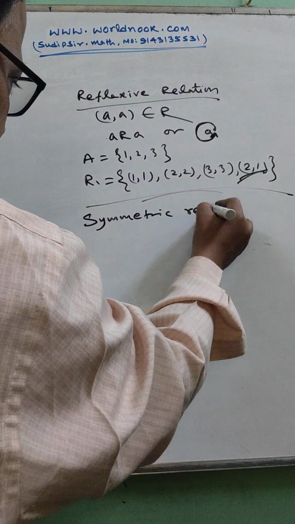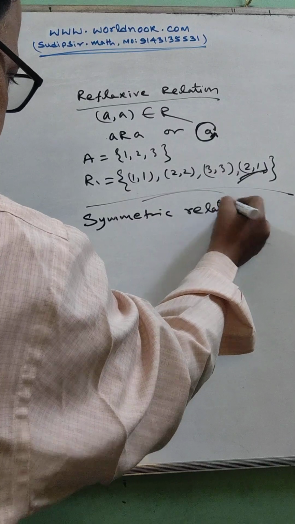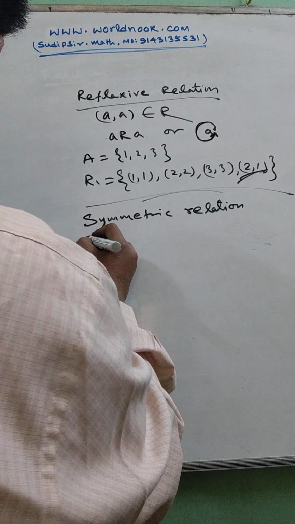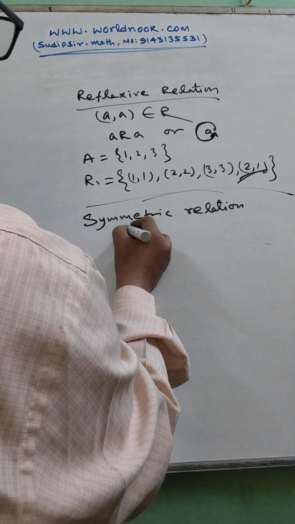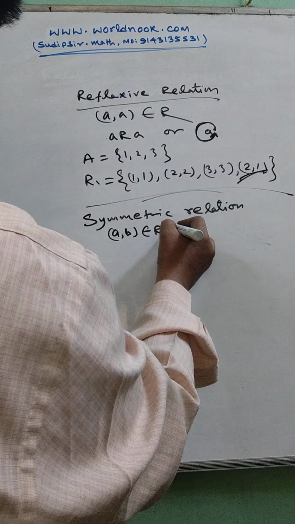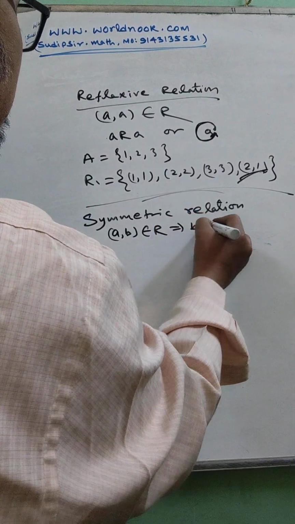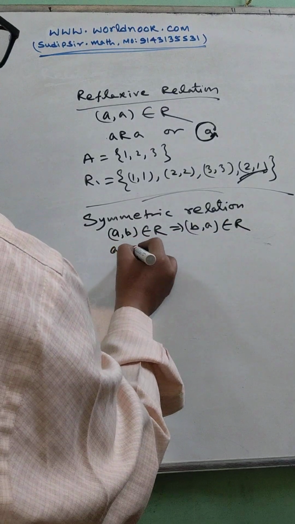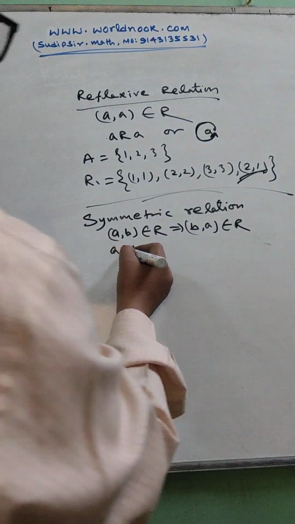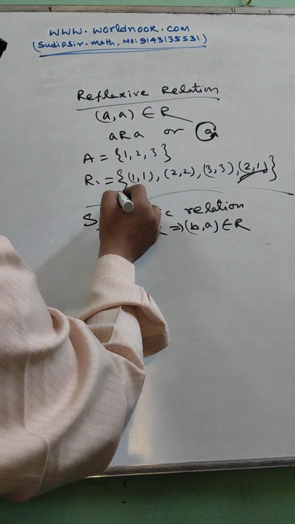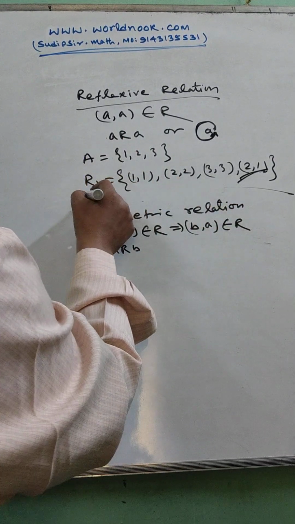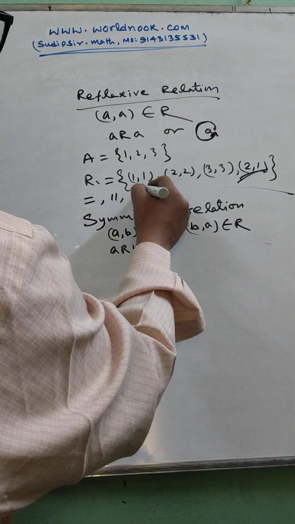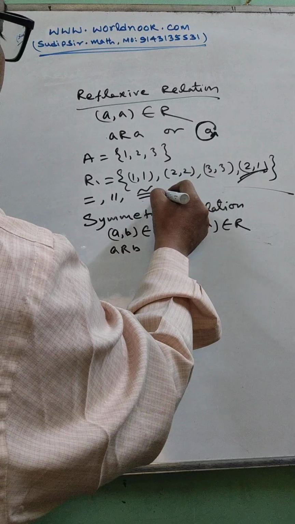Now another relation is symmetric. For the symmetric relation, for all (A, B) belongs to R, it must be that (B, A) belongs to R. That is A relation B. Now for reflexive relation, other examples are equal to, parallel to, congruent to, similar to.